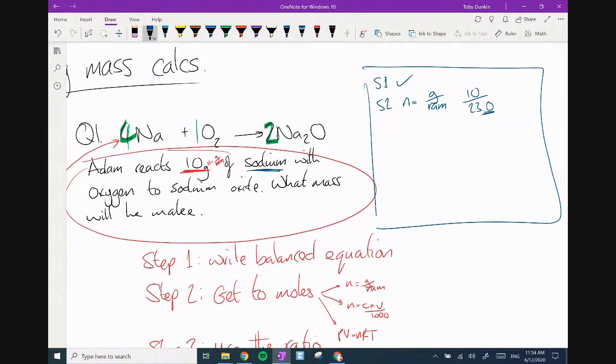So easy to lose that mark. Do watch out. Let's run it through my calculator. All I'm doing is getting to moles. Grams over Mr, over 23, and I get 0.435 to 3 sig fig, and I will write down moles of sodium. Right, okay, now step number 3, use the ratio. So the ratio, which I will then again do in green, and you must write this down.